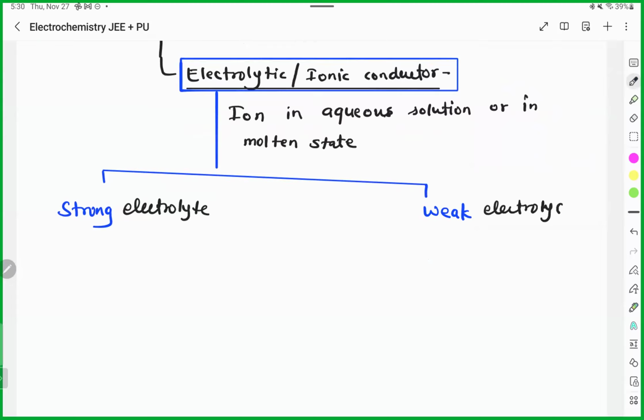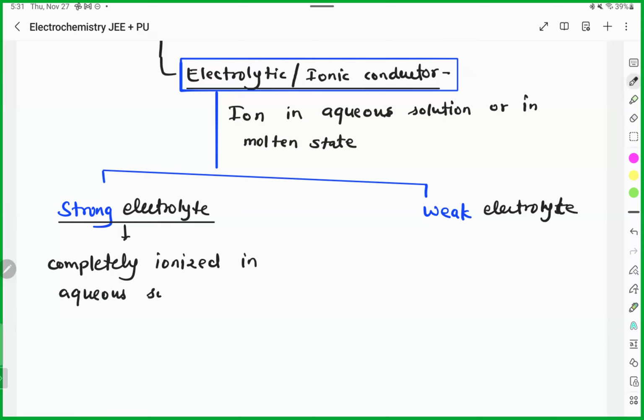And in case of equilibrium, which electrolyte do you use? Weak electrolyte. Why? The strong electrolyte will dissociate completely, sir, so we'll get 100% products. We won't have an equilibrium state.